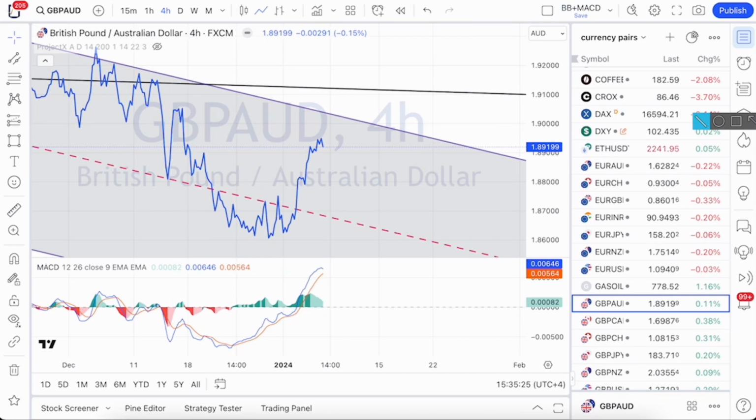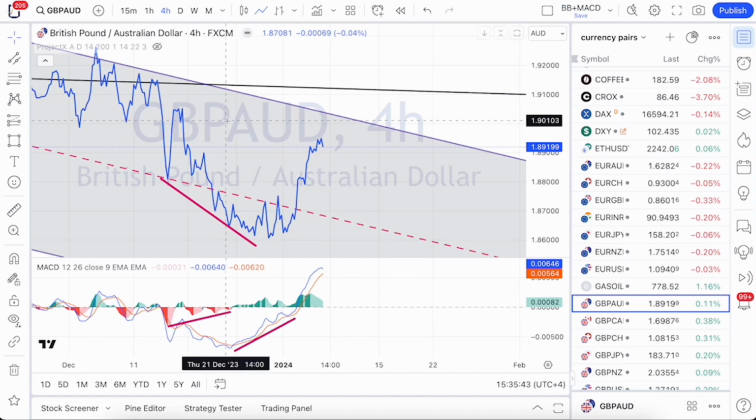So we can mark the continuing divergence here. It's a regular divergence, and then we have a continuing divergence on MACD lines. So based on this regular divergence, the BOS is not yet done.